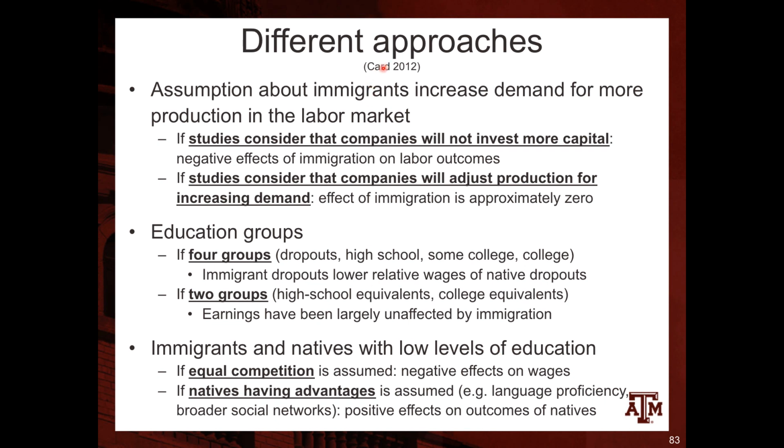So what David Carr is mentioning is that if different studies use different methodological approaches, they might find immigration has negative effects on the labor outcomes of native workers, or no effect, or in some cases even positive effects on the outcomes of native workers.